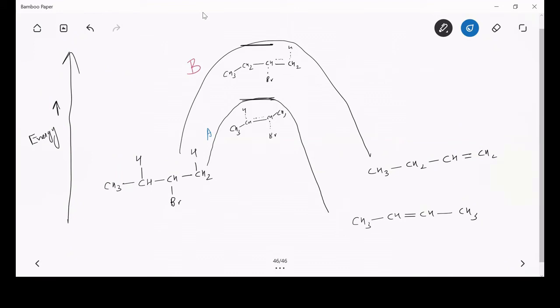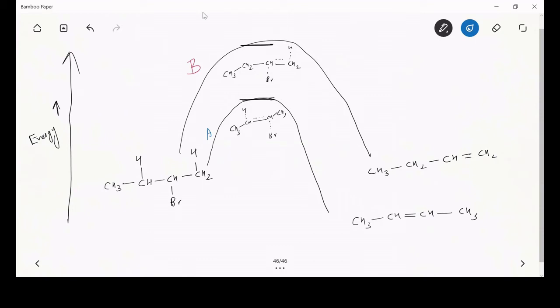Whereas in pathway B, the transition state is less stabilized because it doesn't have any methyl substituent attached to it. There is only one methyl substituent, of course, but that is not enough to stabilize the transition state compared to that of the first product. So this is it about E2 reactions.